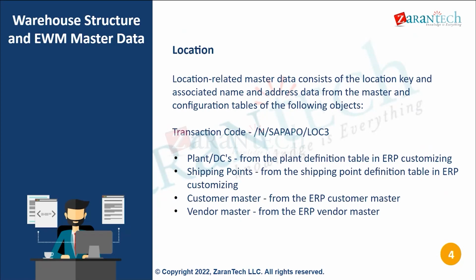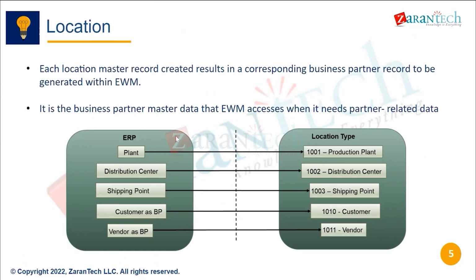You can see here the location mapping between the ERP and the location type in EWM. When we create the location for a plant, it should be 1001. These are the standard location types: for distribution center 1002, and for shipping point 1003. Customer and vendor will be considered as a business partner in EWM.